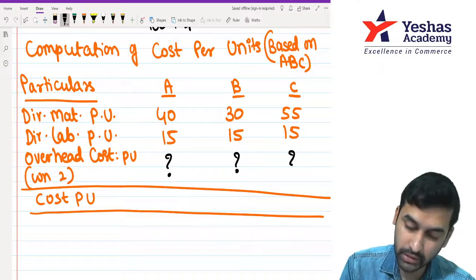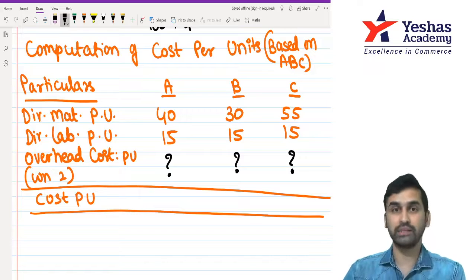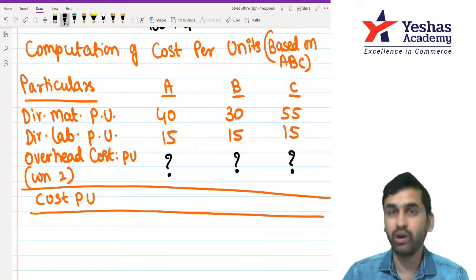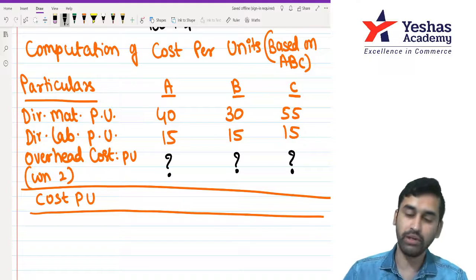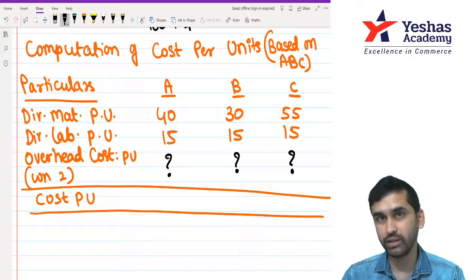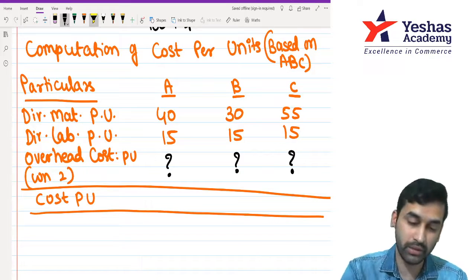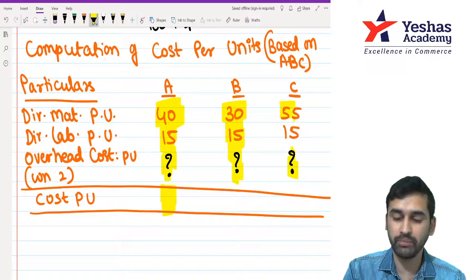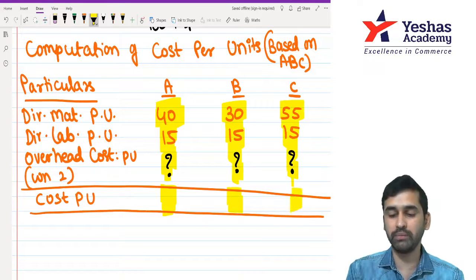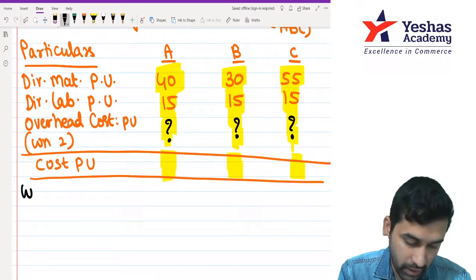Now what is my task? Don't write question marks and all that. I need to calculate overhead cost per unit for A, B and C. That I will do separately. I will divide the total overhead by total units and I'll get overhead cost per unit. Once I bring those numbers here, I will just add that to 40 and 15, and this number will be the cost per unit. 30, 15 plus that number, 55, 15 plus that number. I'll get the final answers. Clear? Okay, let us now do working note 2.